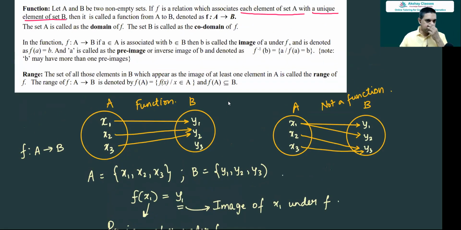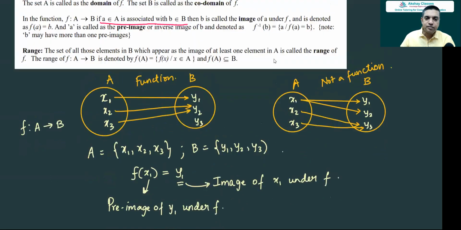All right. So here I have given this example, but here it is said like this. If a belonging to set A is associated with b belonging to set B, then b is called the image of a under f and is denoted as f of a equal to b, and a is called the pre-image or inverse image of b, denoted as f inverse of b is equal to a, such that f of a is equal to b.